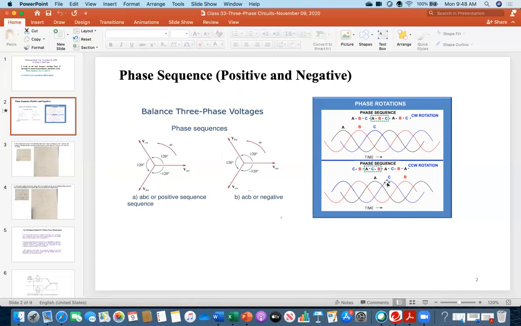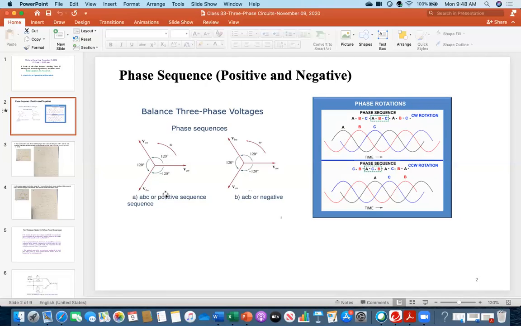Now if you look at these, when it is ABC phase sequence, the meaning is that phase A will come first, then after 120 degrees phase B, then after 120 degrees phase C. If you look at the waveform for three-phase through the oscilloscope, you will notice this: first A phase, then B phase, C phase.